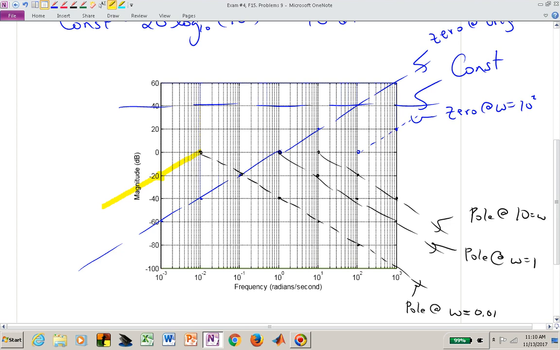Then what happens at 10 to the minus 2 radians per second is I have a plus 20 dB per decade positive and a minus 20 dB per decade negative. So those cancel, and I'm actually flat until I reach a new break.